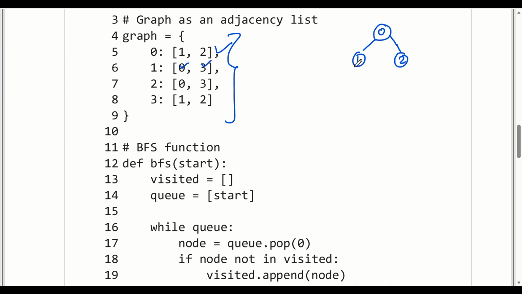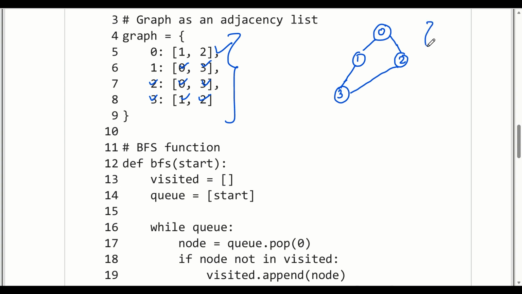So we draw one more node, 3. Check for 2. 2 is connected to 0, but it is also connected to 3. Now check for 3. 3 is connected to 1 and 3 is connected to 2.